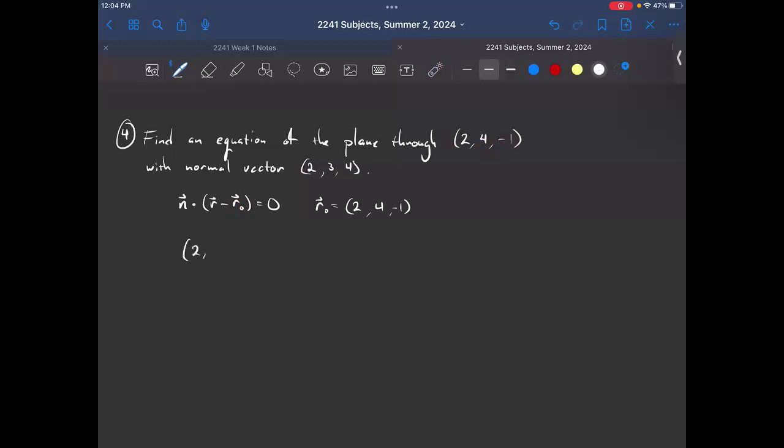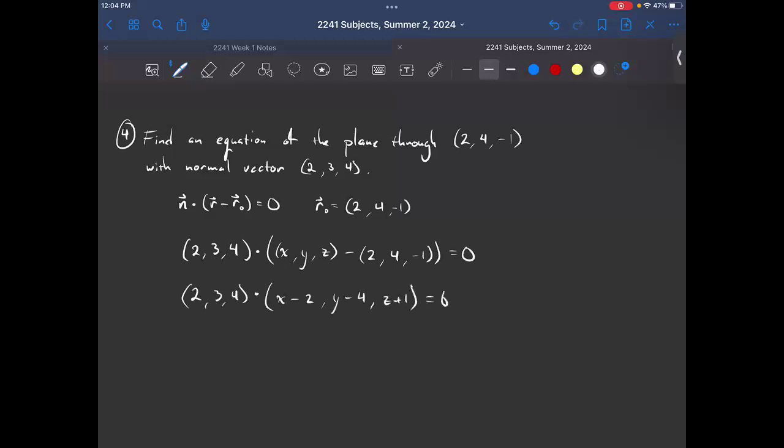So we have 2, 3, 4, and then times r, which is x, y, z, minus r0, 2, 4, minus 1. And so that has to be equal to 0, which means that we get 2, 3, 4 dot x minus 2, y minus 4, z plus 1 equals 0. Okay, so that is our vector equation of a plane.